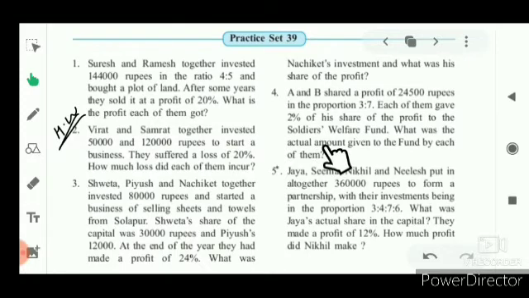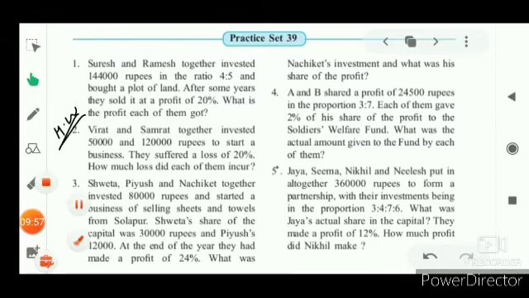So they shared the 24,500 among themselves in the ratio 3:7, and from the amount they got, they gave 2% to the Soldiers' Welfare Fund. We have to calculate the actual amount given.